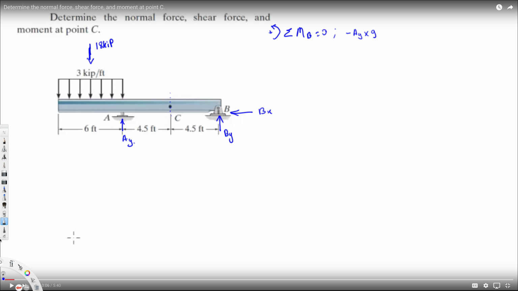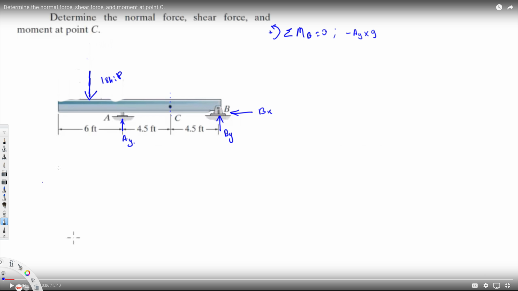I can erase that to avoid confusion. So 18 kilopounds is going to be exactly in the middle.